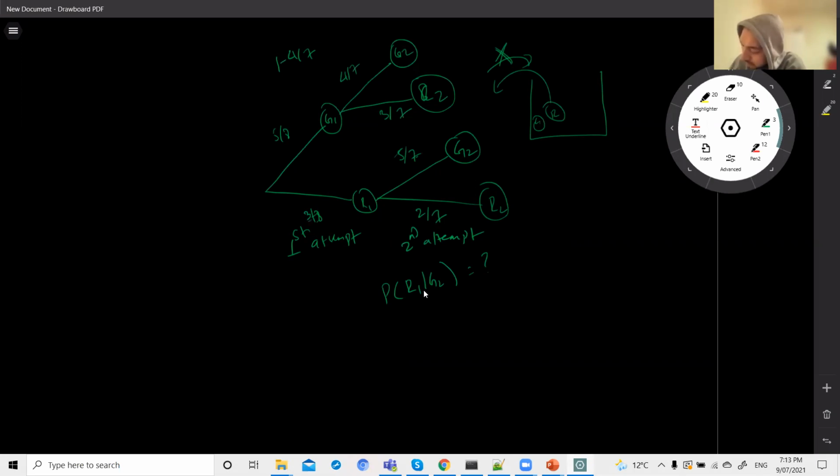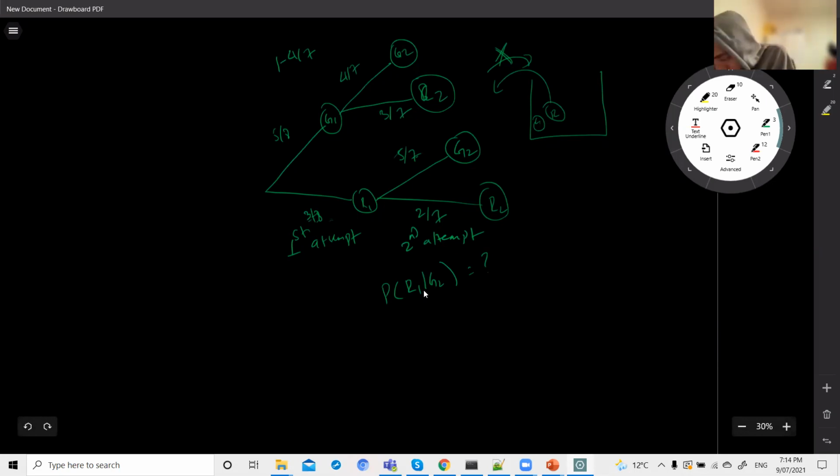G2 is 4/7, and 5/8 into 4/7. We are finding the first, R1.